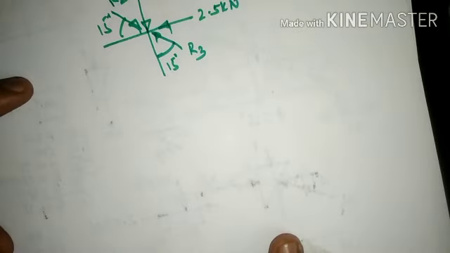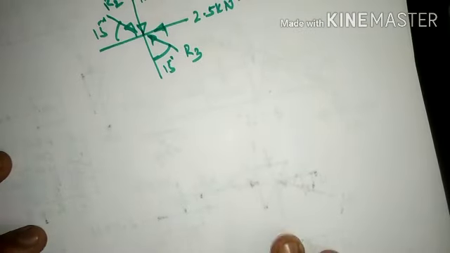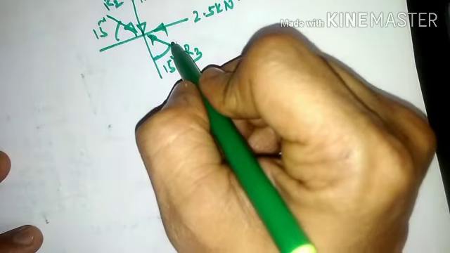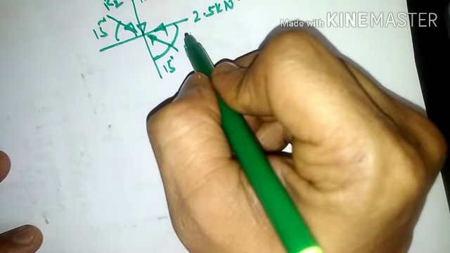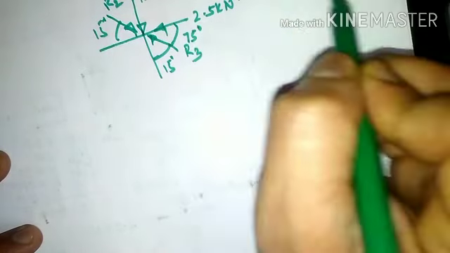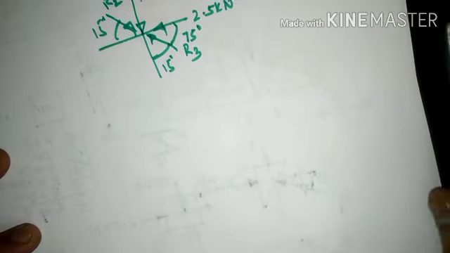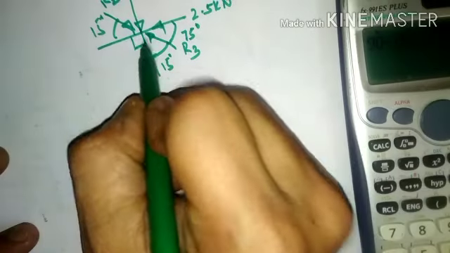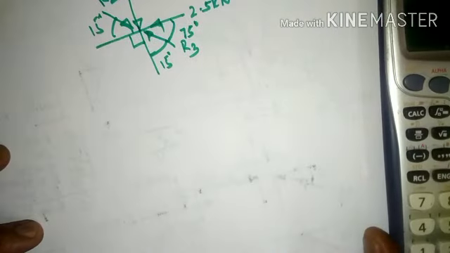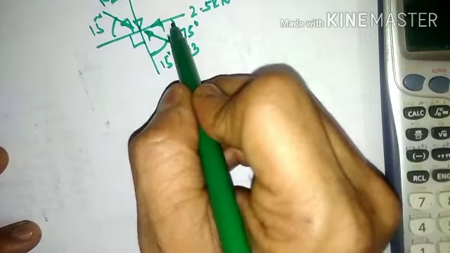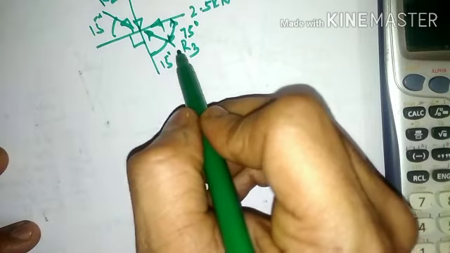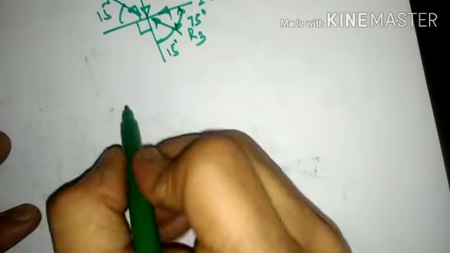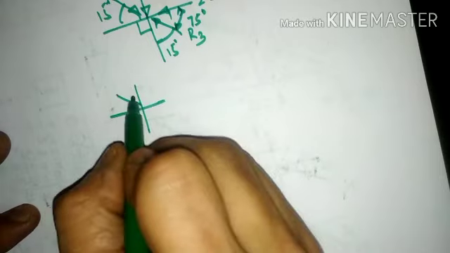So I apply the equations of equilibrium now. If this is 15 degrees, this angle shall be 90 minus 15, which is 75 degrees, because the total inclination between the x and y axis is 90 degrees. So the remaining angle with respect to the x axis will be 75 degrees. We shall resolve the force component R2.